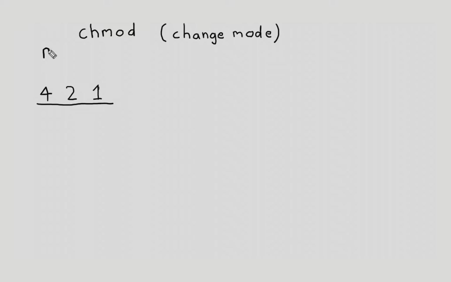And we talked before how there's basically three different permissions, right? There's read, there's write, and there's execute. And in previous classes, if you're familiar with counting in binary, we know that we count in binary from right to left in powers of 2. So we start with 1, then we go to 2, and then we go to 4.